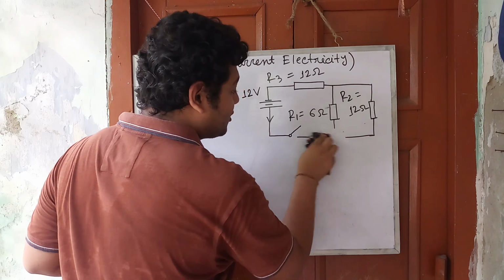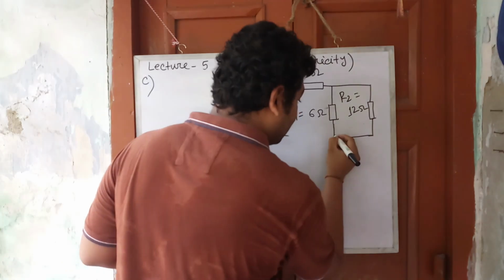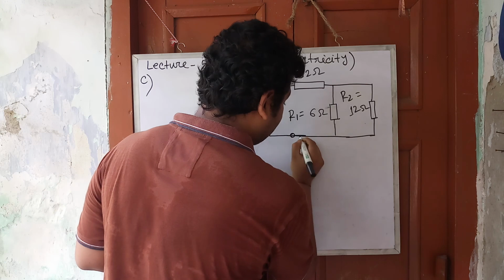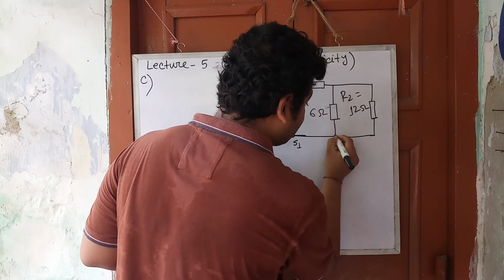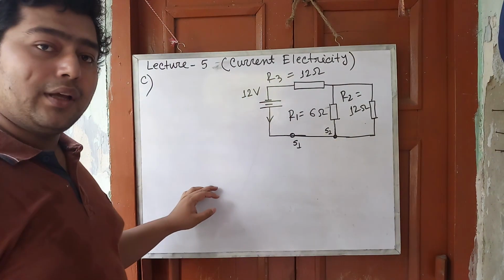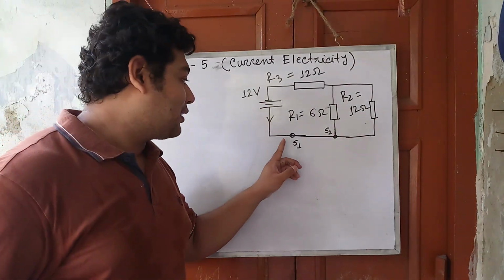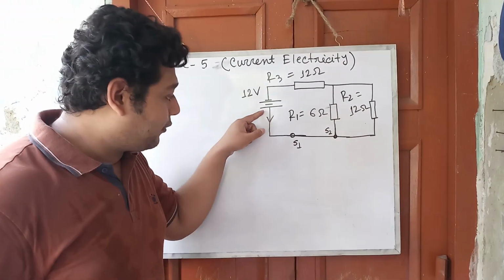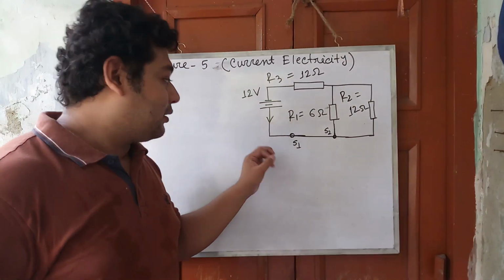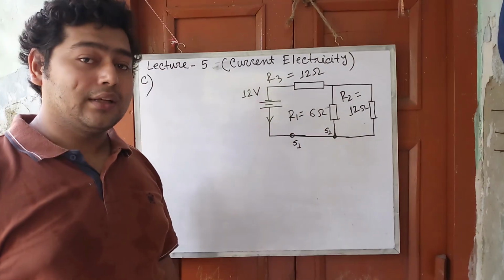According to our question, S1 and S2 must be closed. So switch S1 is closed and switch S2 is also closed. Switch S1 is closed, so current will flow through resistance R1 and resistance R2 as well as resistance R3.